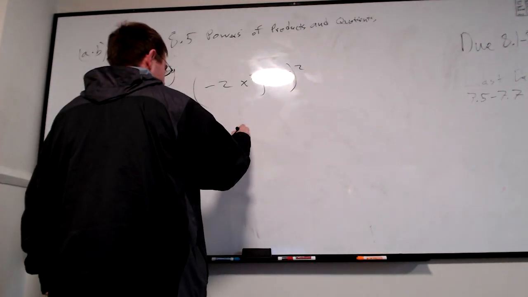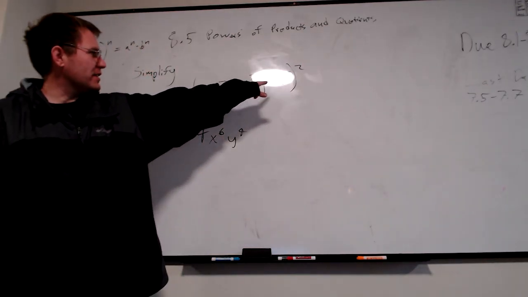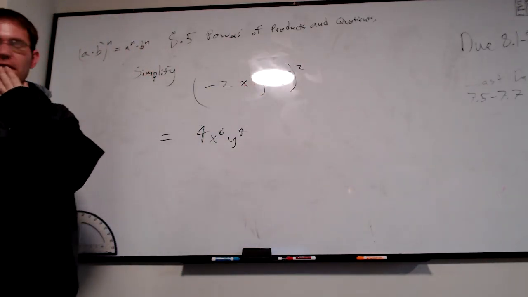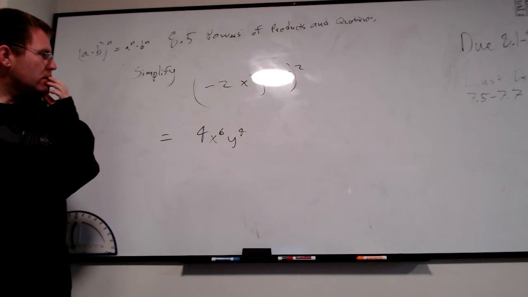Wait, but the power is a negative. The powers are positive here. Yeah, but the power is not negative. But you said that it would be positive 4. A negative times a positive is a negative. It's not a negative times a positive.